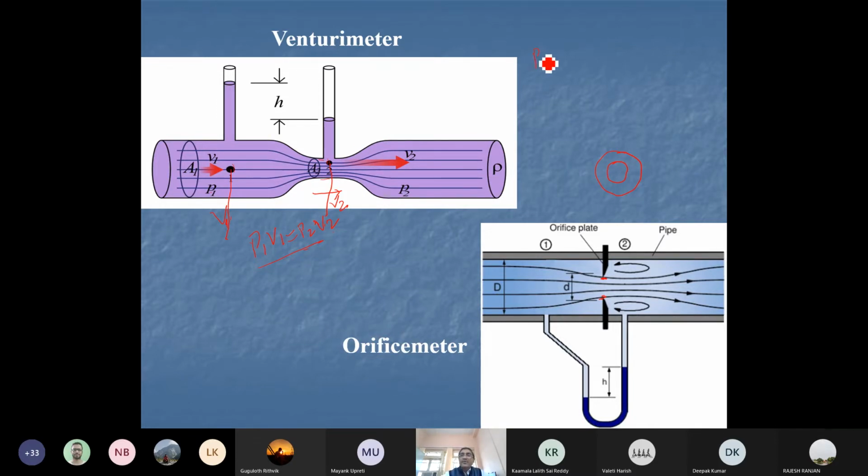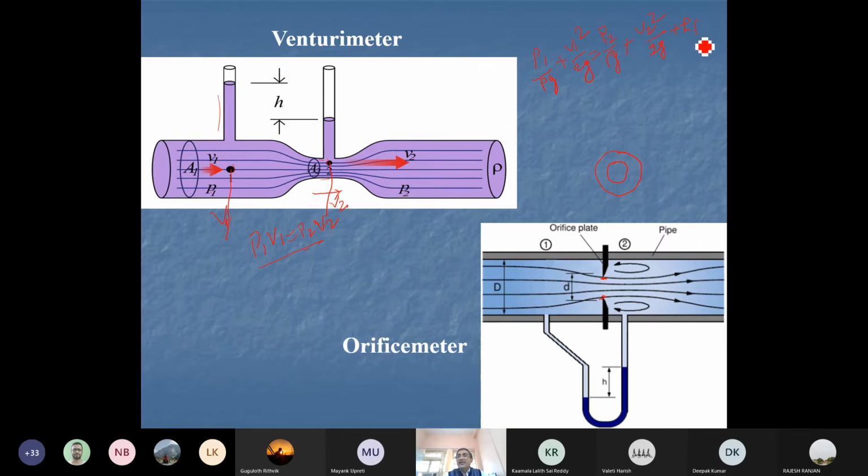Simply, P1 by rho g, that is in simple head of water, plus velocity head V1 square by 2g, is equal to, at the second point, that is section 2, P2 by rho g plus V2 square by 2g.